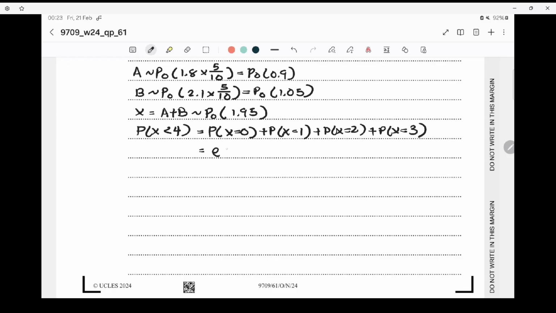Here I factorize out all the e to the power of minus 1.95. The first term is 1, second term is 1.95, third term is 1.95 squared divided by 2 factorial, and then 1.95 cubed divided by 3 factorial. So in the end you should get around 0.866.